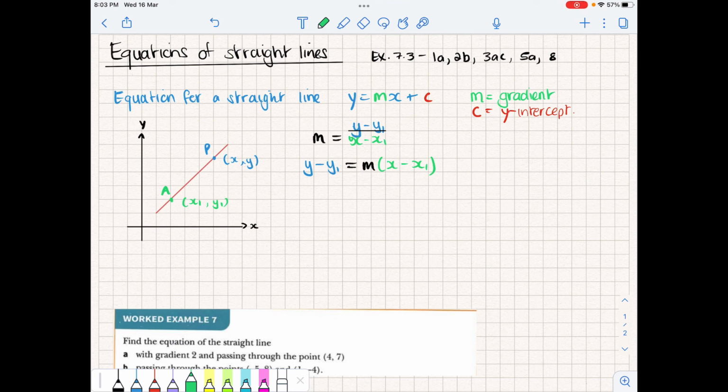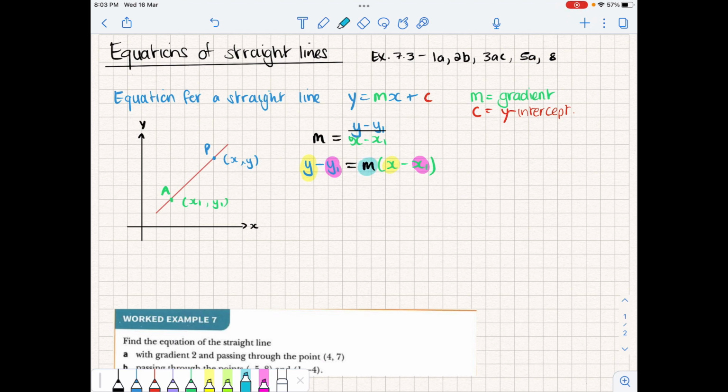Okay, and so if you have a look at the equation, a standard equation has y equal to something x plus c. So here's our y and here's our x, and the other parts of the equation are the things that we need to find. So y1 and x1 is a point on the line that we need to substitute in, and m is the gradient as before.